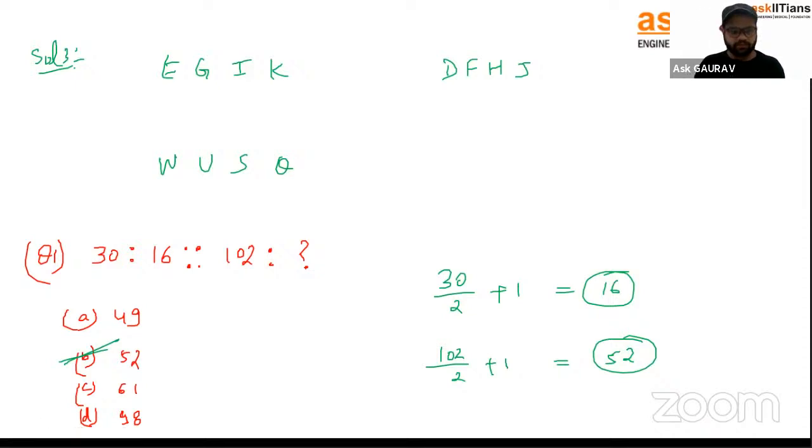Okay, next pattern. Question 2. 6 is to 64, then 11 is to what? Do it without options and tell me the answer.